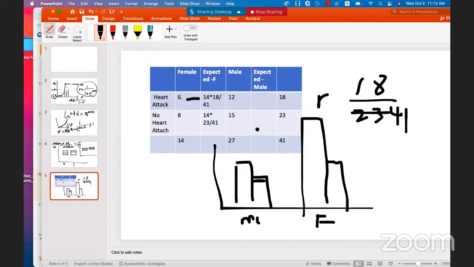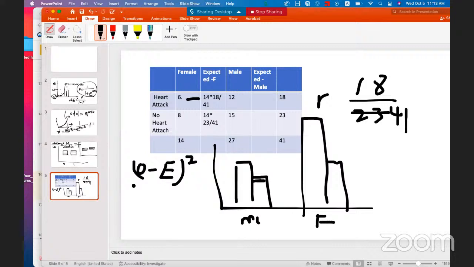Did we get it? Okay. Actually, it doesn't calculate the minus, but it calculates the square value. So it calculates the observed value minus the expected value, and then squares it.